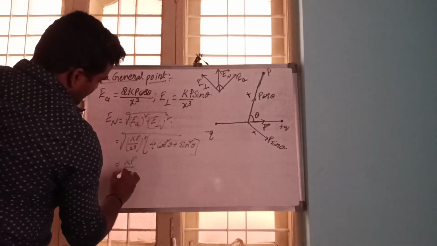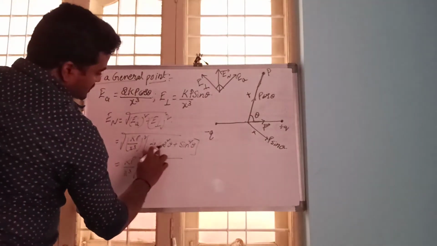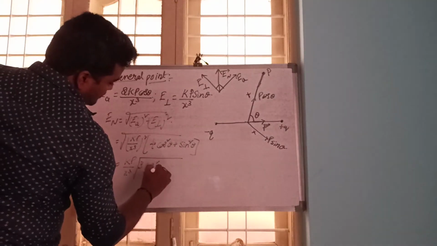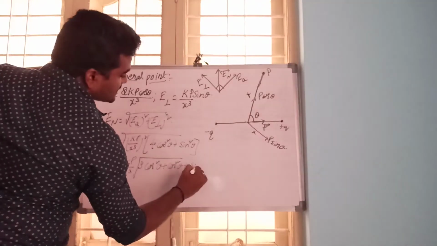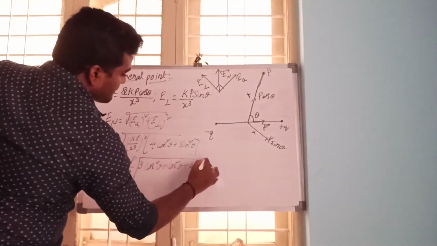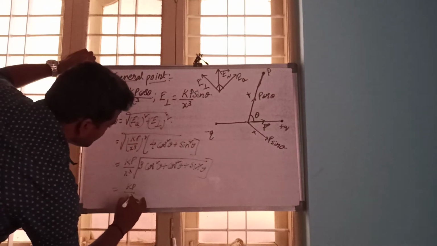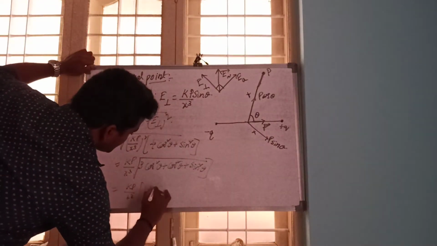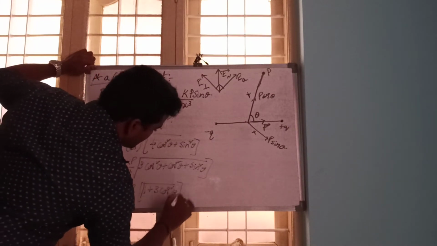We can write 4 cos square theta as 3 cos square theta plus cos square theta, and sin square theta plus cos square theta is 1, so it is 1 plus 3 cos square theta under root.